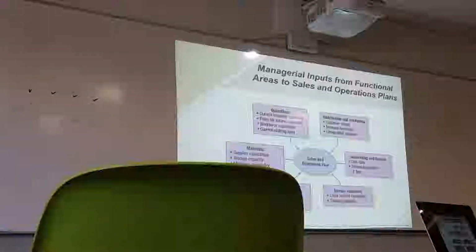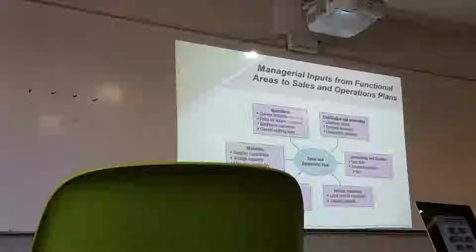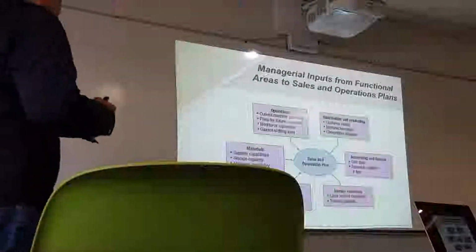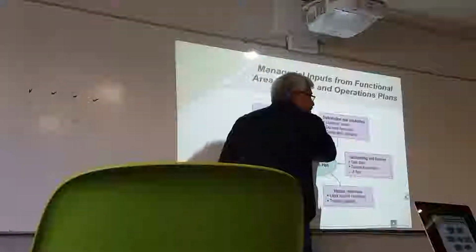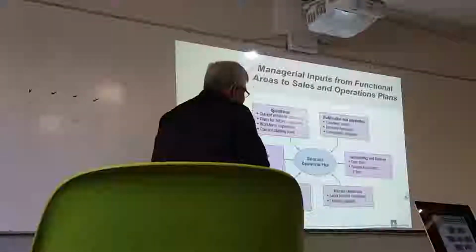Okay. To do the plan, when you said it depends on the cost, these are the things that we need to consider to formulate our plan. So we need input from all those things. So the one that we saw before is just here. The forecast is there, but we also need this.